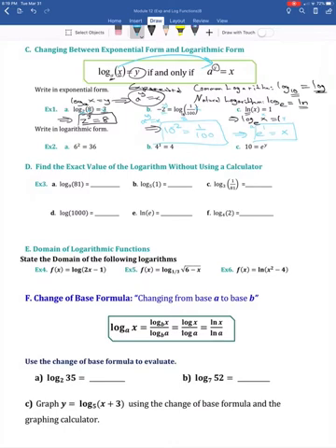Let's go the other way. Write in logarithmic form. So now we're going to take a to the y power equal to x, and convert it over to log base a of x equal to y. So we want to get the logarithm back. For example, we all know 6 squared is 36. What's its equivalent logarithm? Here's a to the y equals x.